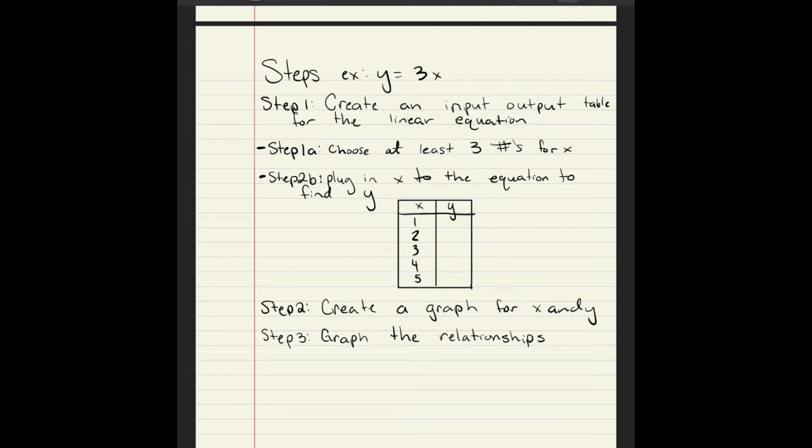Now I'm going to plug in these x's into my equation. So it's y equals 3x. So it'll be 3 times 1, which would give me 3. So that is my first y. Then it would be y equals 3 times 2, which gives me 6, and that's my second y.